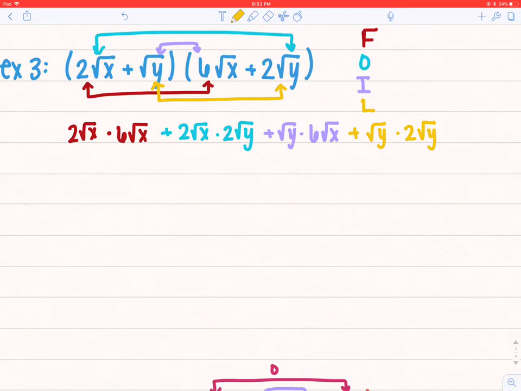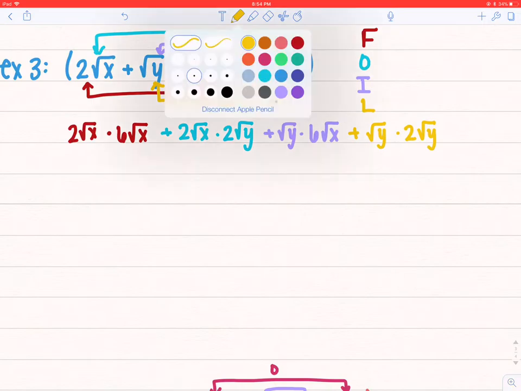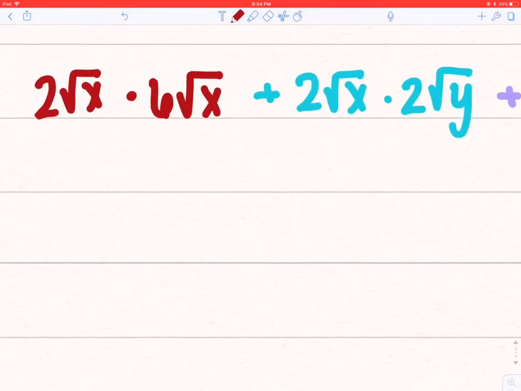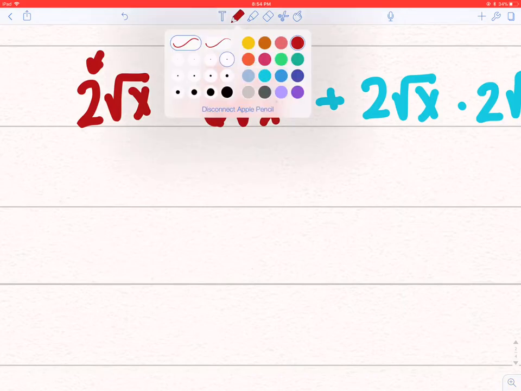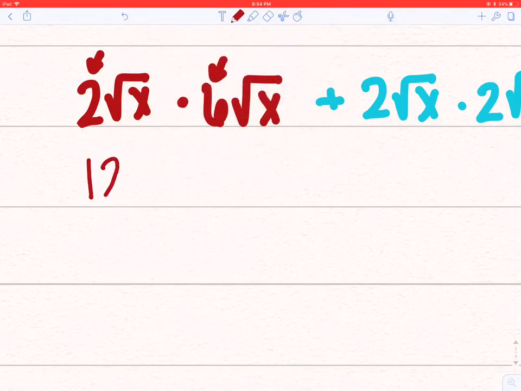Now my multiplying rules say multiply the numbers in front and then multiply the numbers under the radical. So for this first part, 2 square root of x times 6 square root of x, I'm going to multiply the 2 and the 6 and get 12.